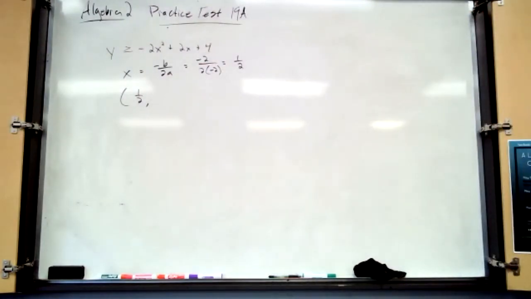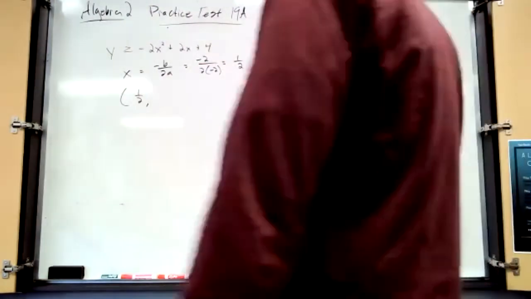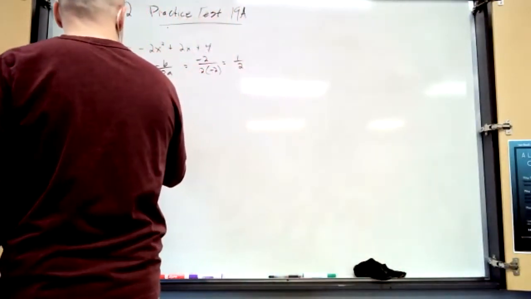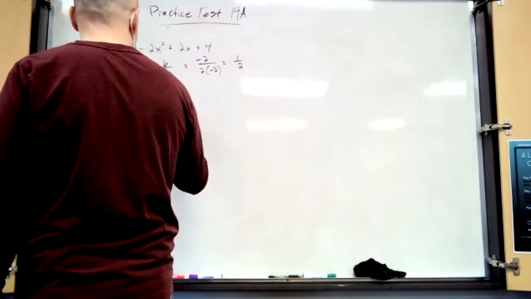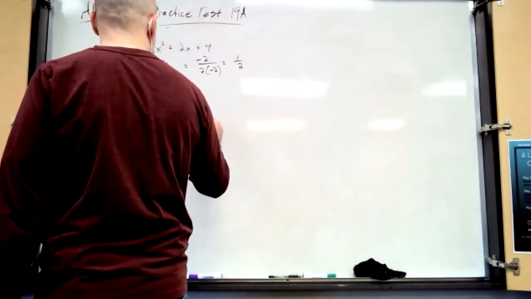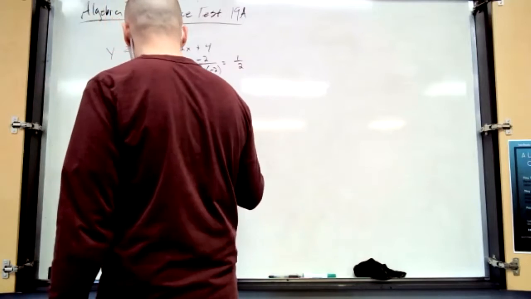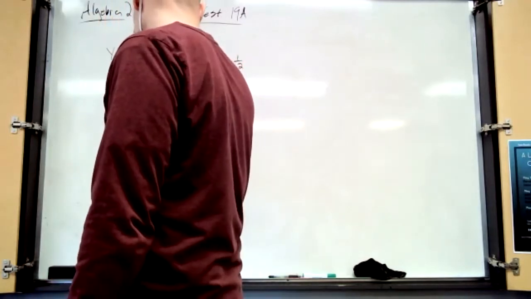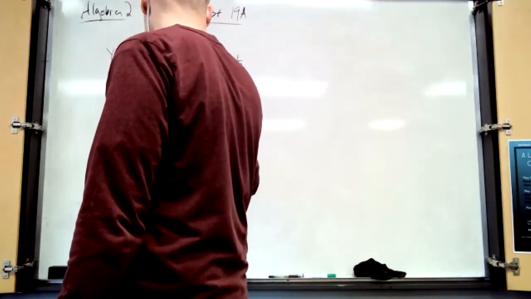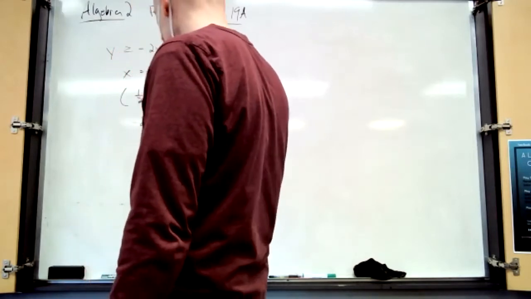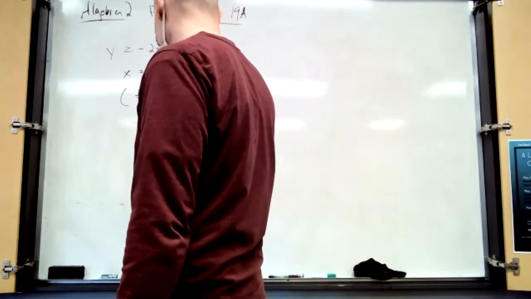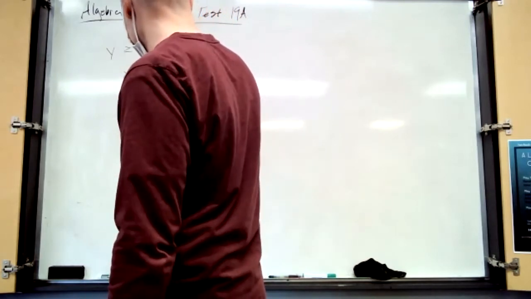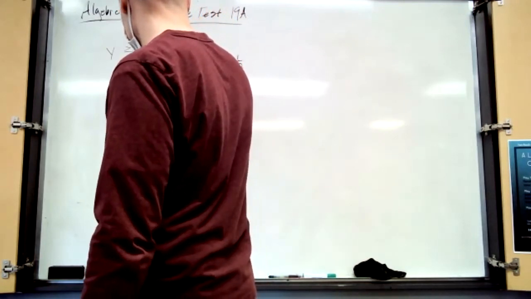Well, you have to plug in that 1/2. This is a pain in the butt, but let's do it. So negative 2 times 1/4 plus 2 times 1/2 plus 4. So this is negative 1/2 plus 1 plus 4. So this is 5 minus 1/2 is 4.5. So that's my y value, 4.5.